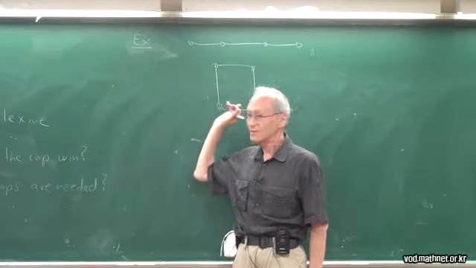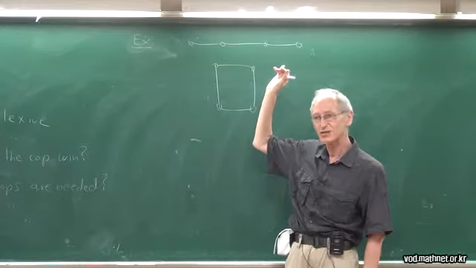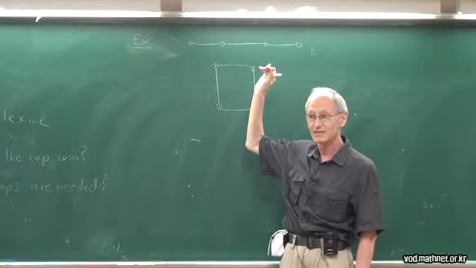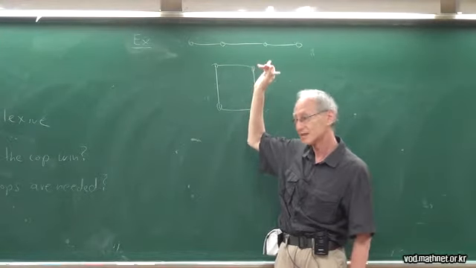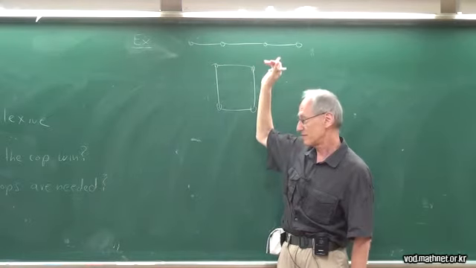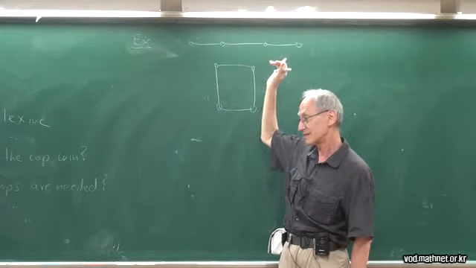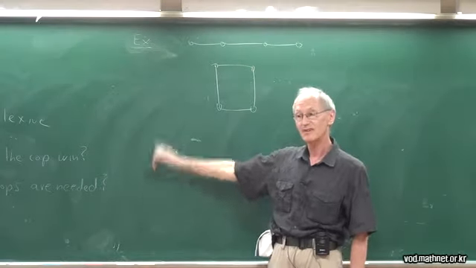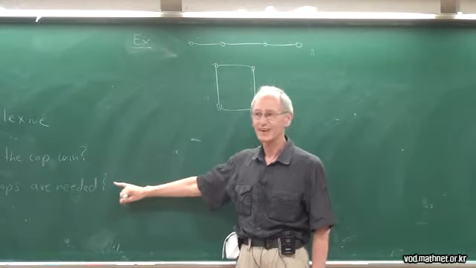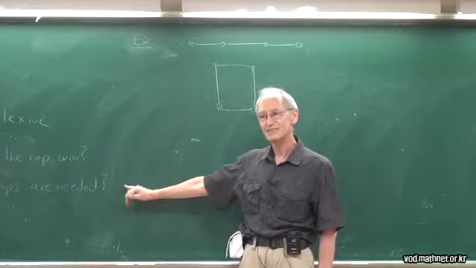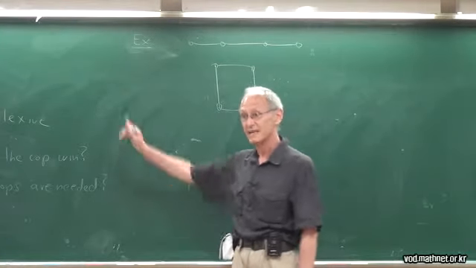For this game, the relationship with tree width is not very simple. There's a paper by Kaminski and company, where they show that the number of cops is bounded above by about twice the tree width, if I remember correctly, but there's nothing more precise than that known for this particular game.